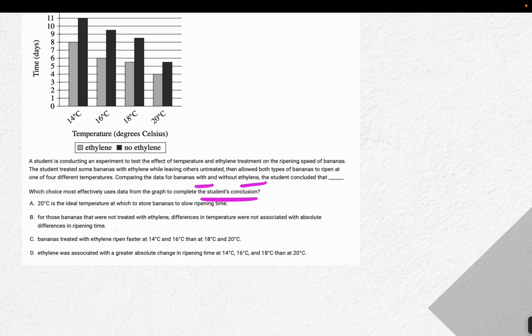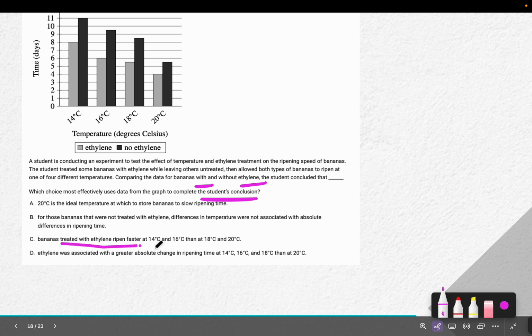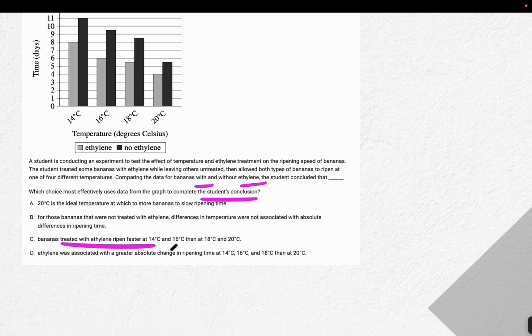Choice C says bananas treated with ethanol ripen faster at 14 and 16 Celsius than at 18 and 20. Treated with ethanol, the ripening times are about 8 to 6 days, which is greater than at 18 and 20.